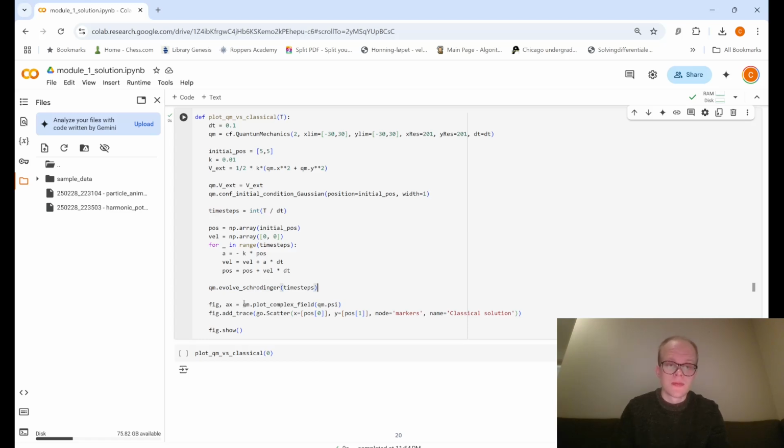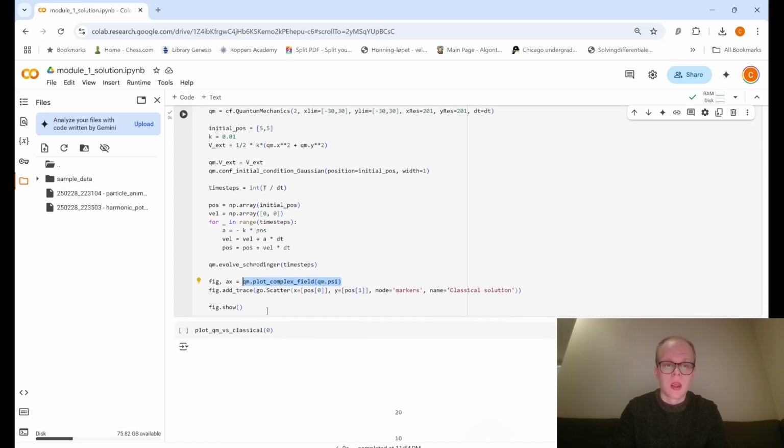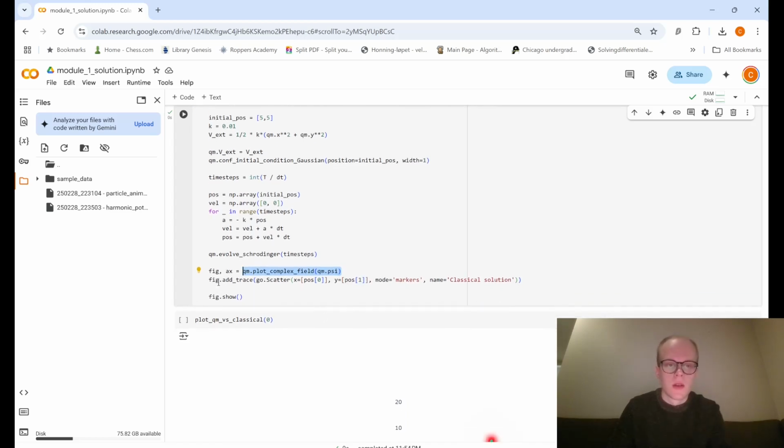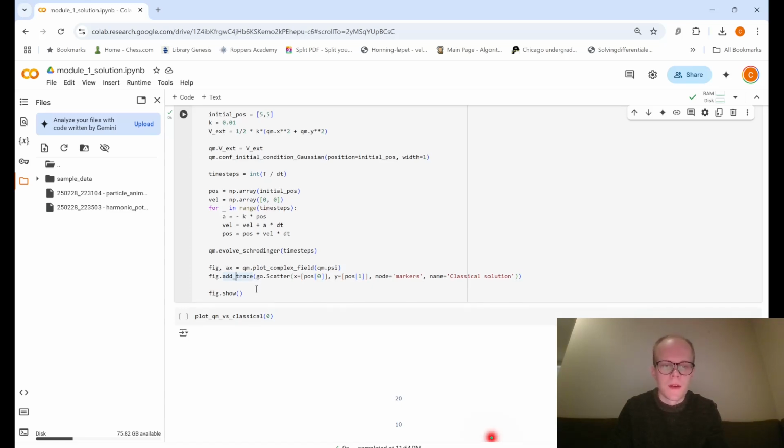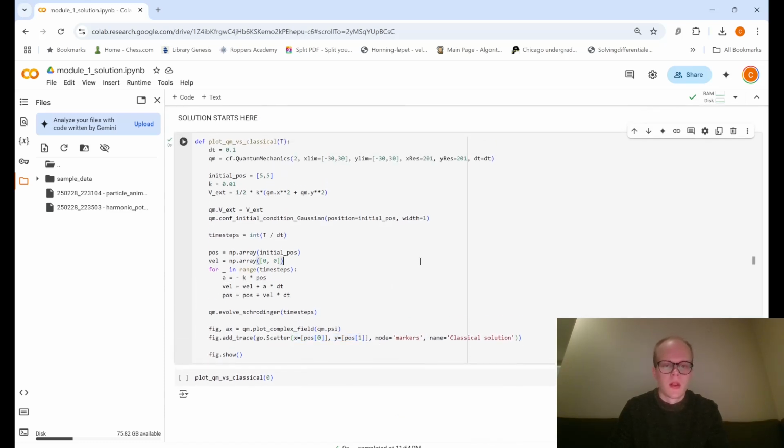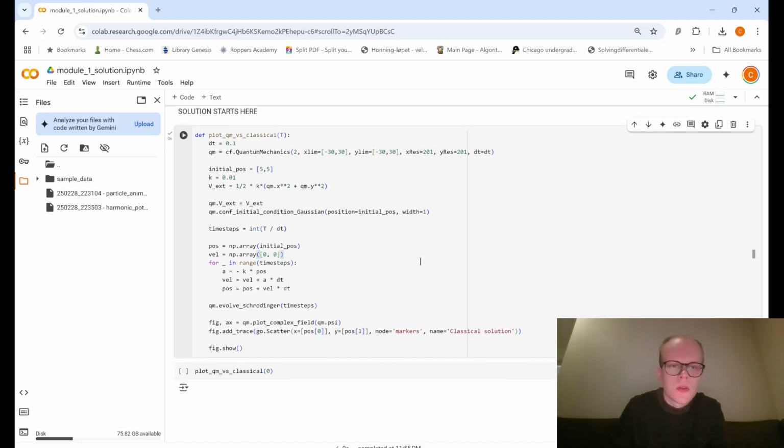We then use qm.plot complex field to plot the wave function after time t. And then we use this figure.addTrace, which is plotly syntax for adding more to a plot, where we add in this scatter plot, where the point that we add in is just the position of the particle right here. So this is the structure of the code.